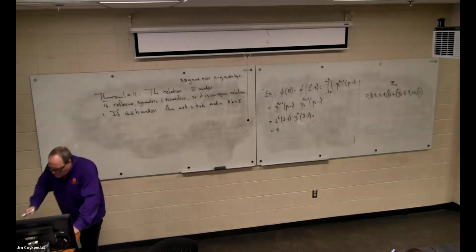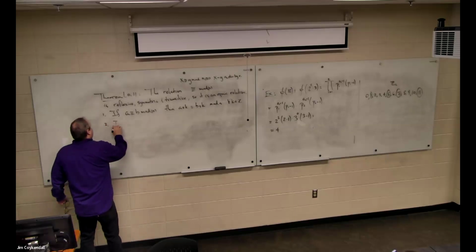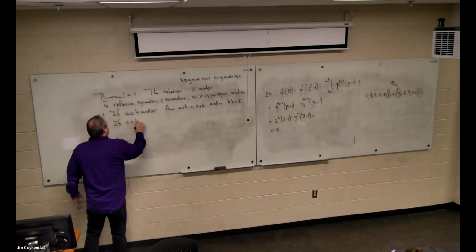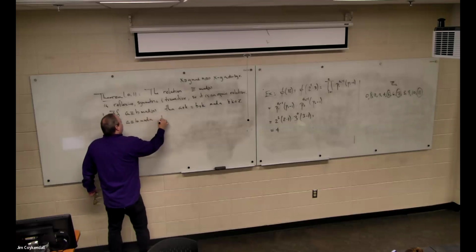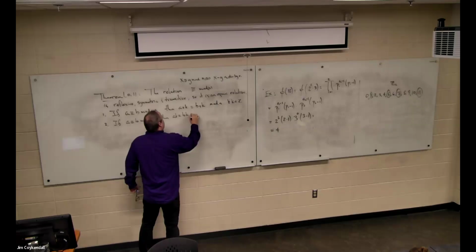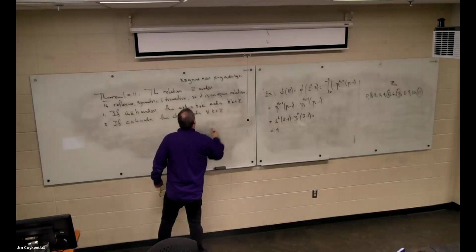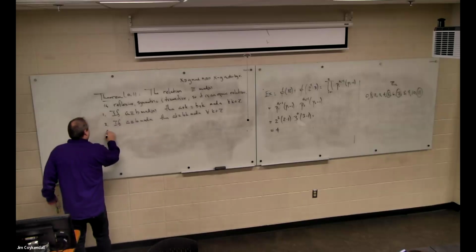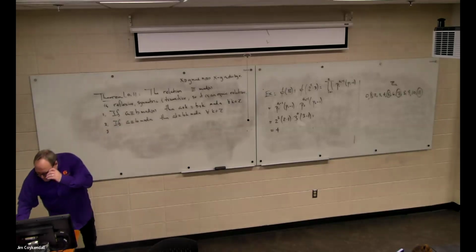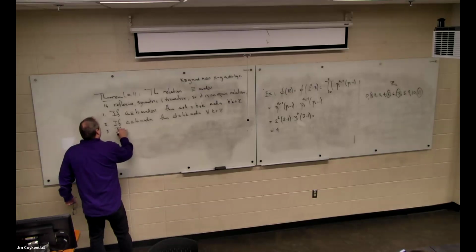Two, if A is equivalent to B mod N, then AK is equivalent to BK mod N for all K in Z. Three, this is more general.